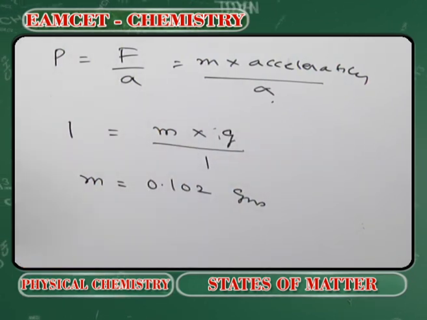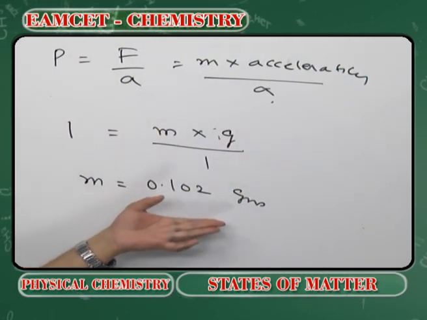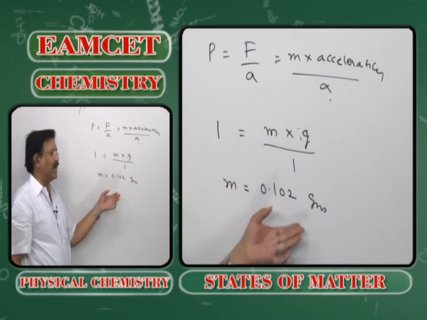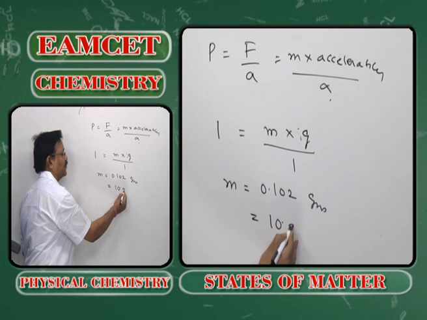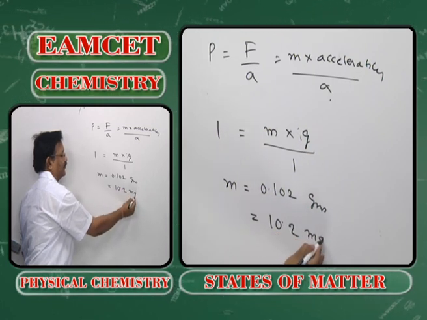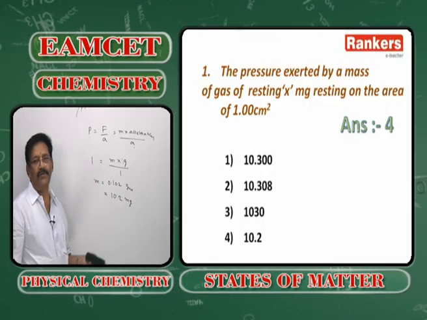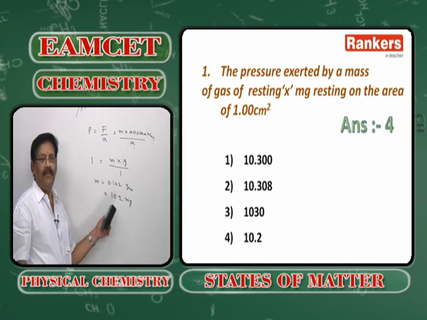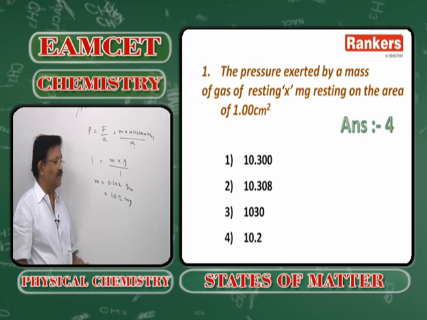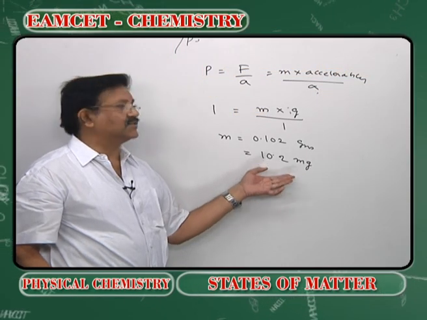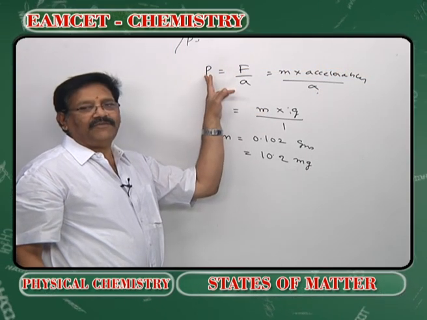Substituting the proper acceleration due to gravity, we get the mass as 1.02 grams. By converting into mg, it will be 10.2 mg. By making proper substitution, we get the answer as 10.2 mg.